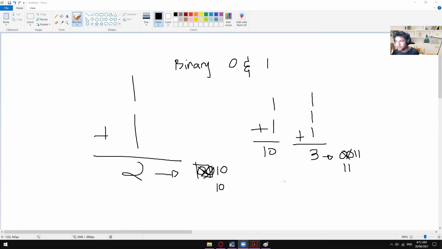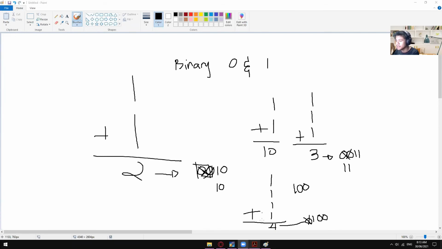The same concept applies if we have 4 ones: 1, 1, 1, 1. This is equal to 4, but in binary, it's 0, 1, 0, 0. You can remove the leading zero, so the result for this one is 100. That's basically it.